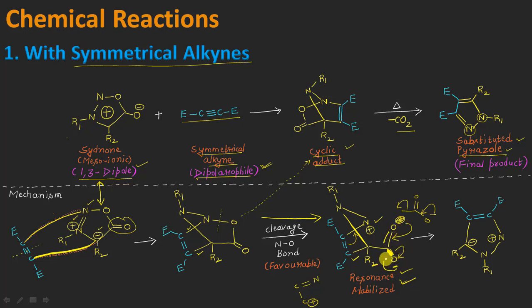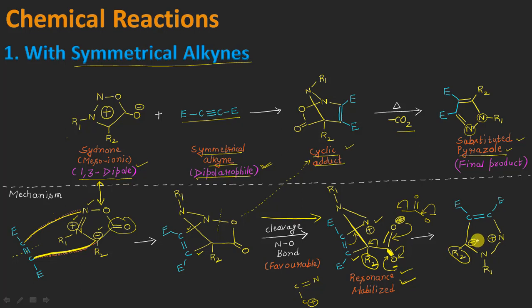This will once again shift here, sending these electrons onto this carbon atom, such that now this carbon atom bearing this R2 group will have a negative charge, and this nitrogen was having this positive charge here in this way, right? So finally what happens is that having charges on this molecule means instability.